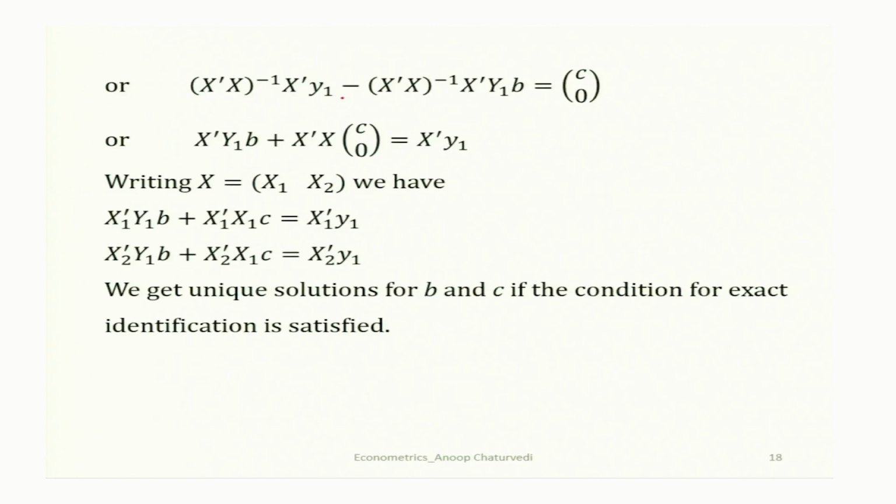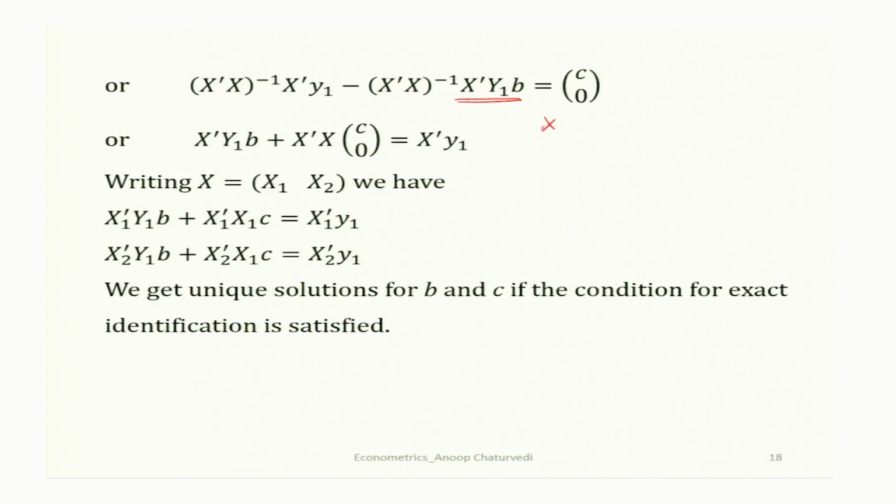So, finally, you obtain this equation equal to C 0, or x transpose y 1 b. You take this, you multiply both sides by x transpose x.